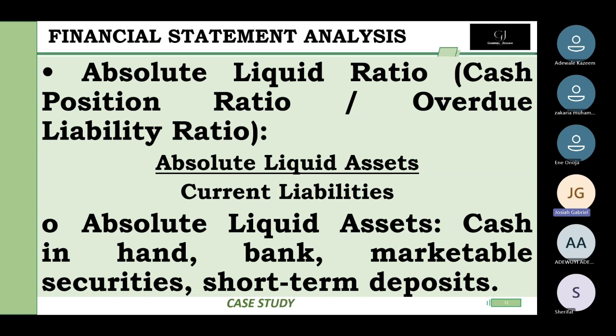If it's above 1 to 2, then with liquid assets, day-to-day obligations can be met. It's not a popular ratio, but it's good to know, especially for banks, investment companies, and some other sectors that these ratios apply to.